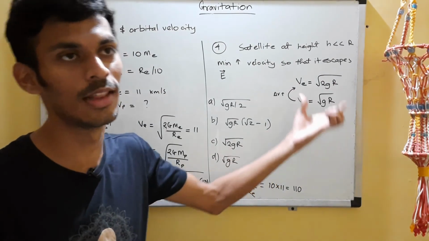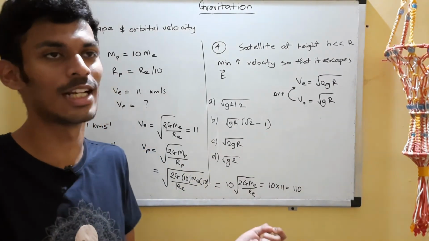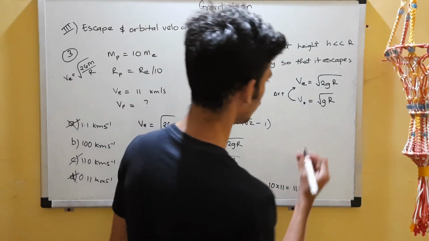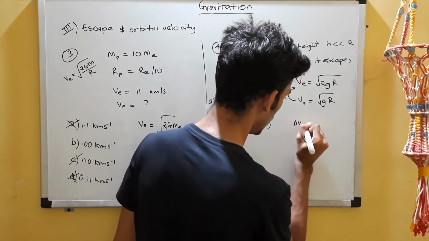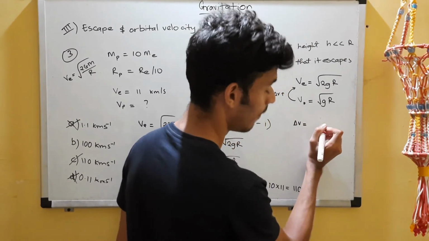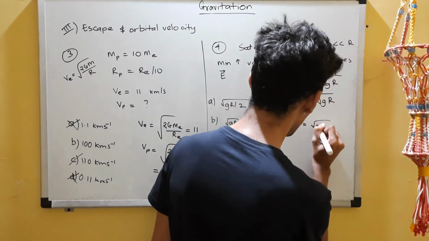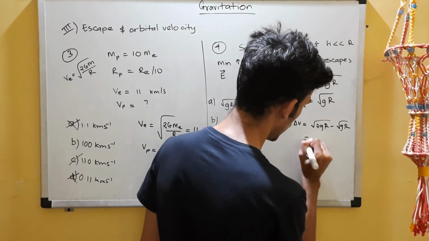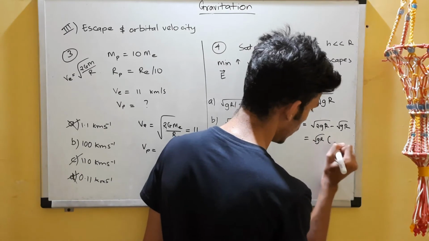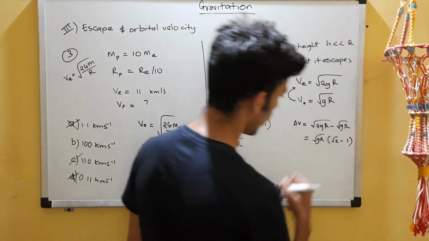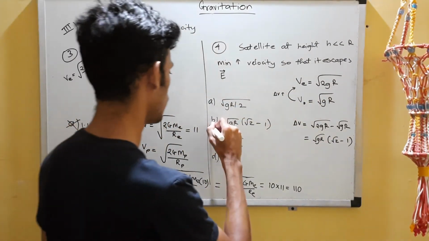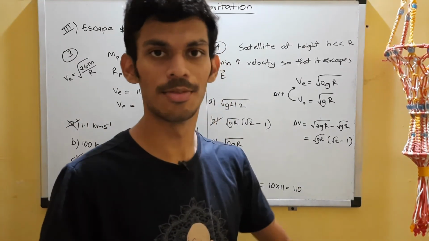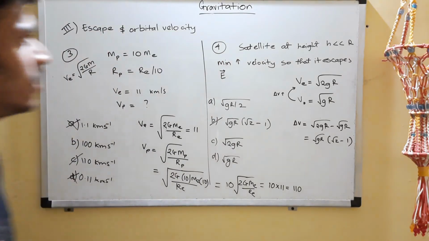So the difference between the two is nothing but the minimum velocity that should be given so that your satellite escapes. So this minimum velocity will be under root 2gR minus under root gR. You can take under root gR common. It will be under root gR times (root 2 minus 1). Yes, option B is the correct choice over here. It's quite simple. Let's move to the next question now.